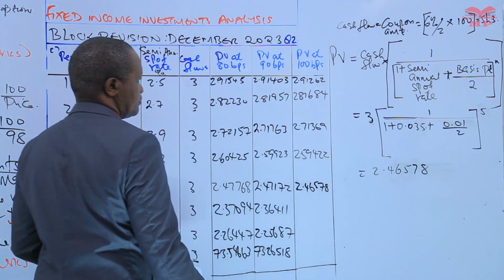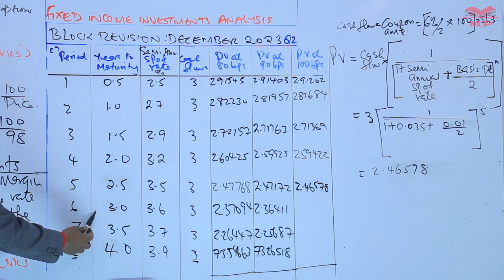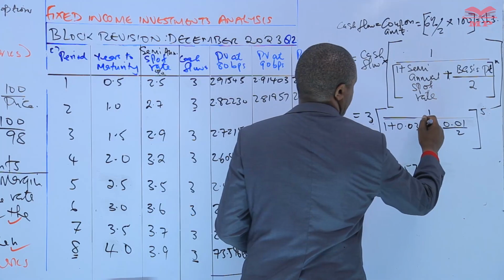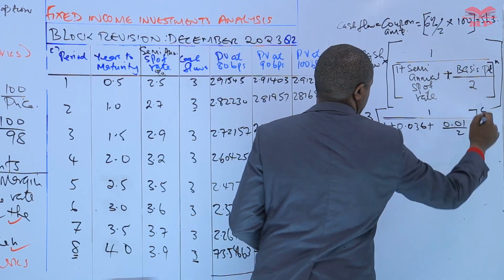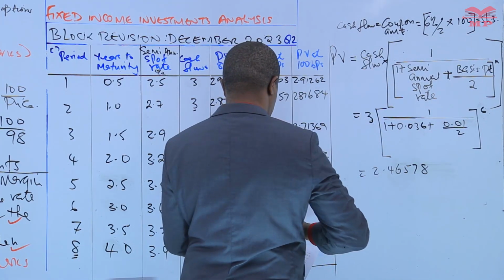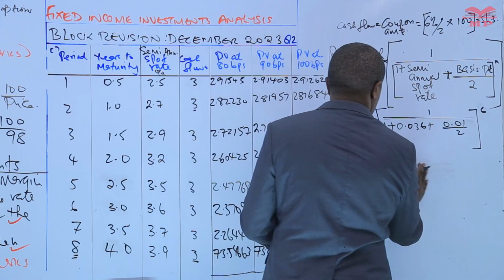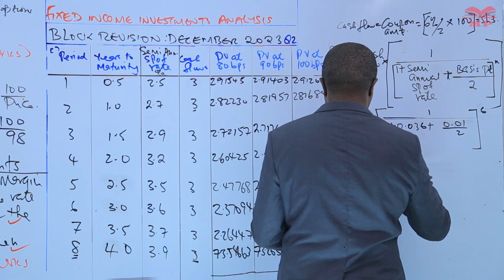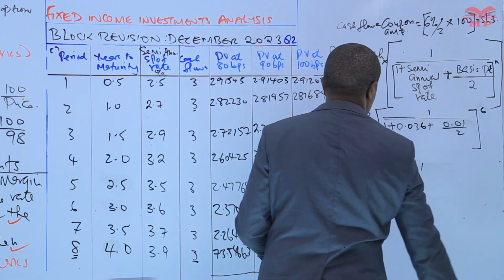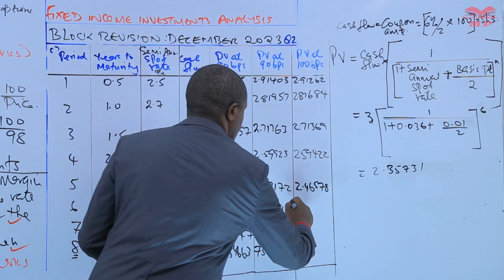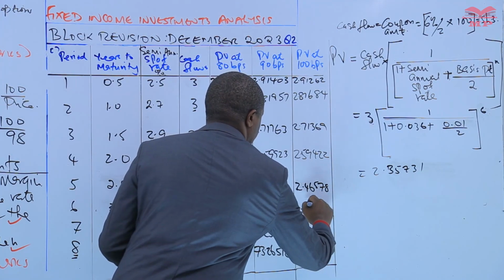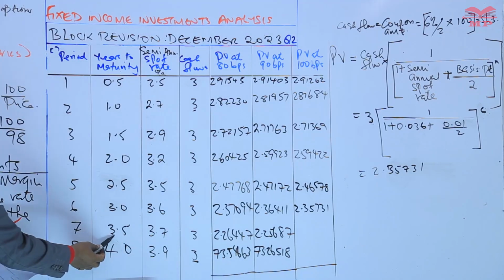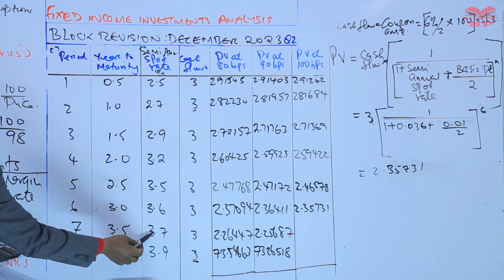Period 6, semi-annual spot rate 3.6 raised to 6, gives 2.35731. Period 7, semi-annual spot rate 3.7.